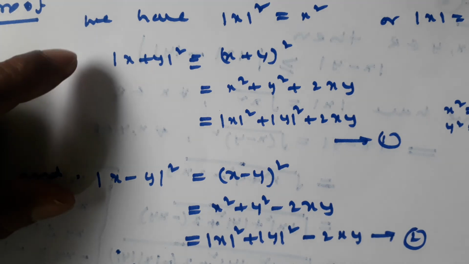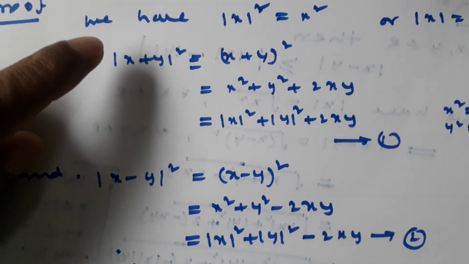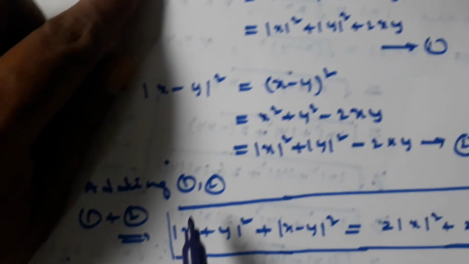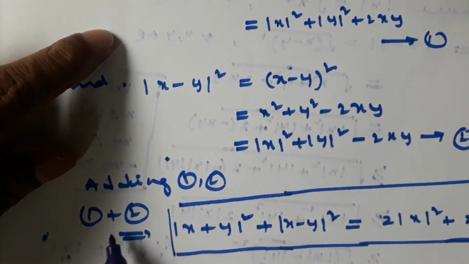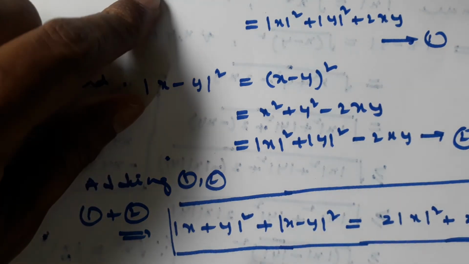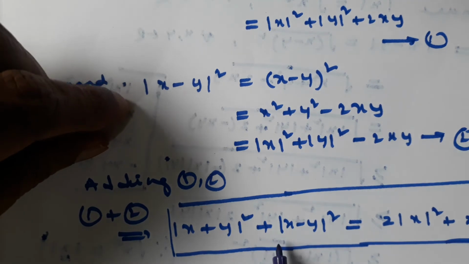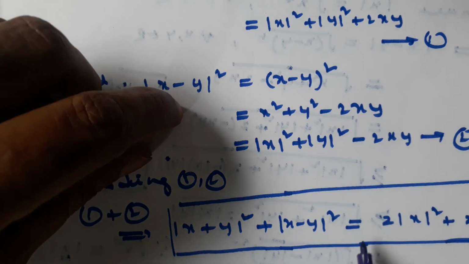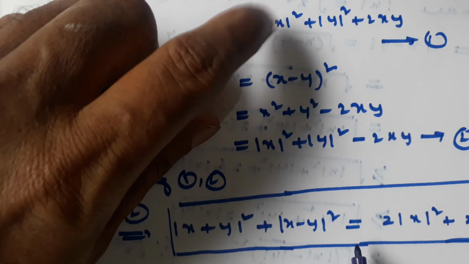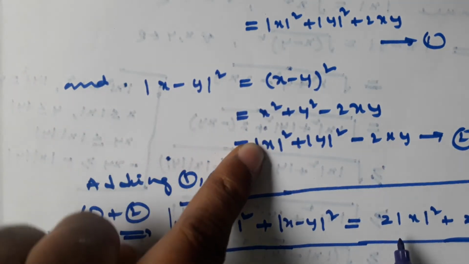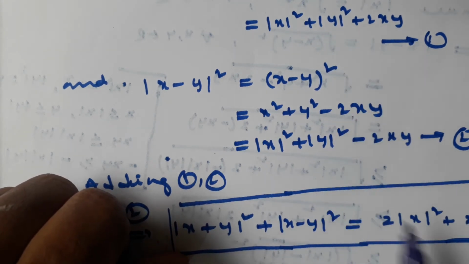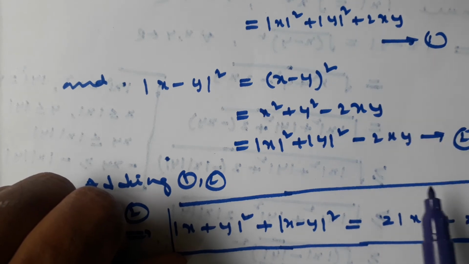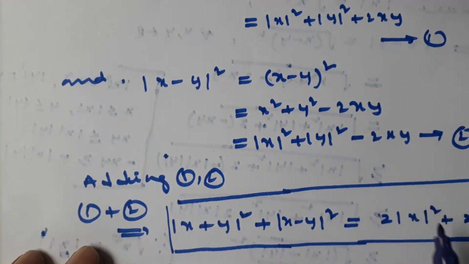Now adding these two equations, adding 1 comma 2, as left sides are to be added, that is 1 plus 2 implies the left sides are mod x plus y whole square plus mod x minus y whole square is equal to, the right sides are mod x square plus mod y square, which is 2 into mod x square, and mod y square plus mod y square is 2 into mod y square, whereas plus 2xy and then minus 2xy are both cancelled.